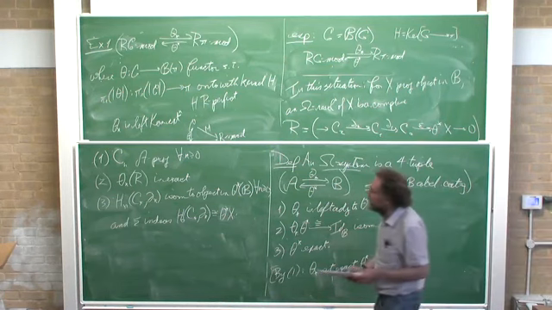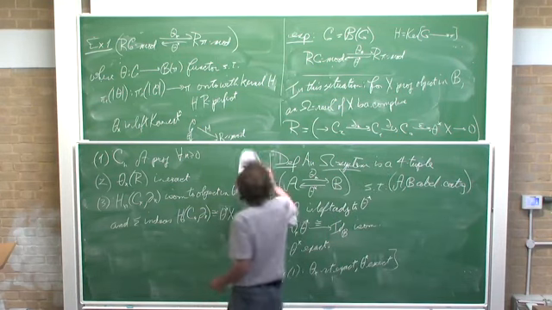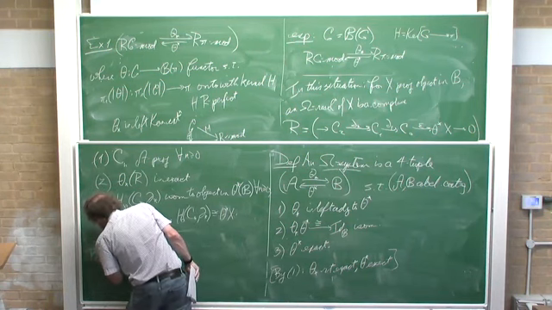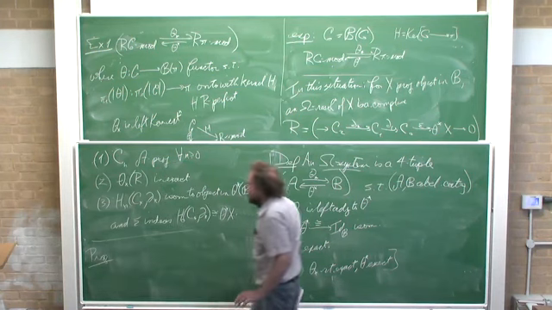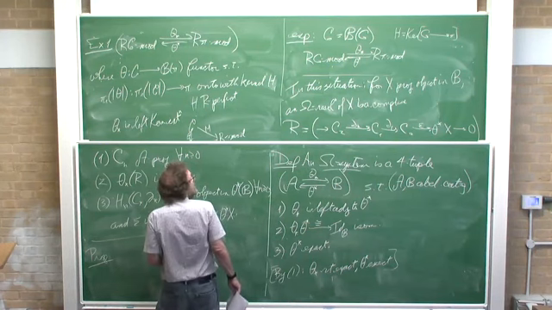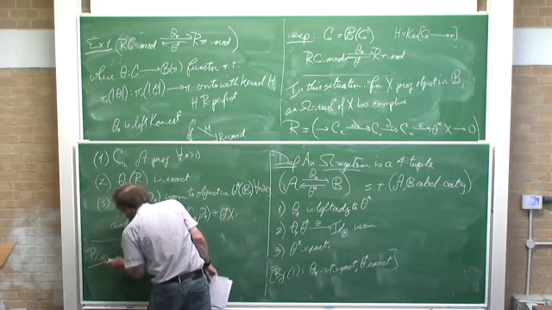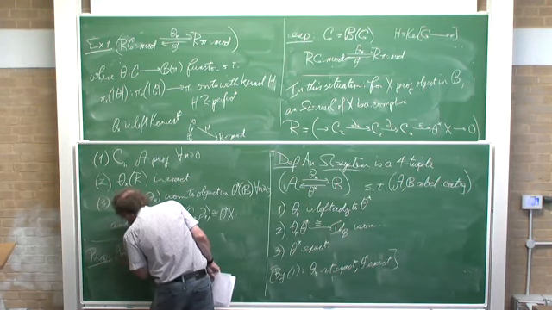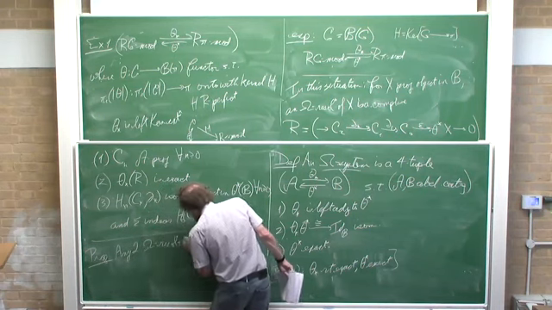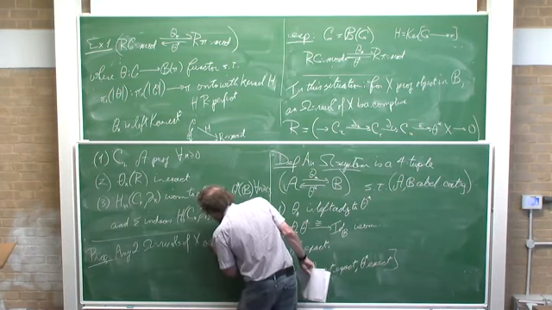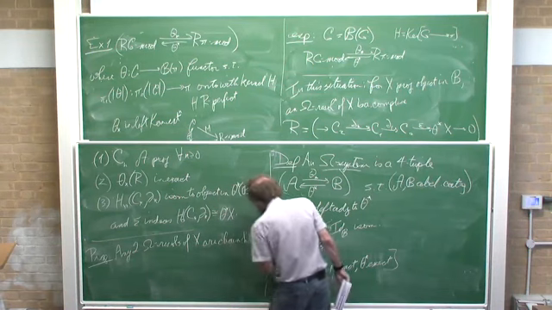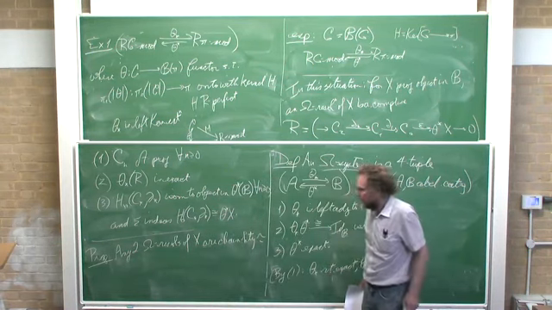And now the thing about these is that it's very straightforward to check that under these hypotheses, any two omega resolutions of X are chain homotopy equivalent, and hence have the same homology.